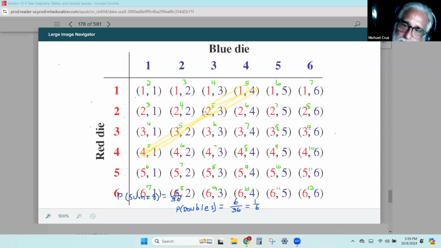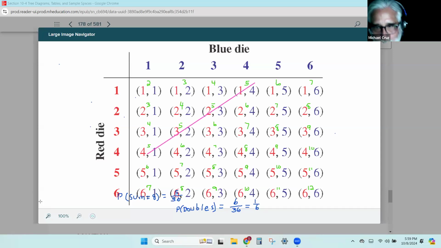See that? Not exactly neat, but let me see if I can do a little bit better with a different color. So right here, I'm going to just put a straight line. So there, a line is through the ones that are a sum of 5.